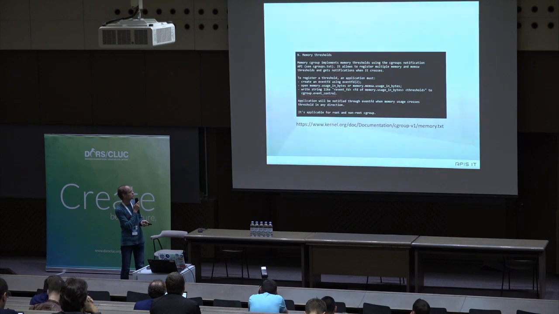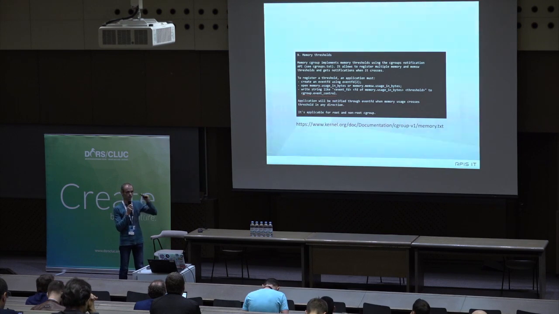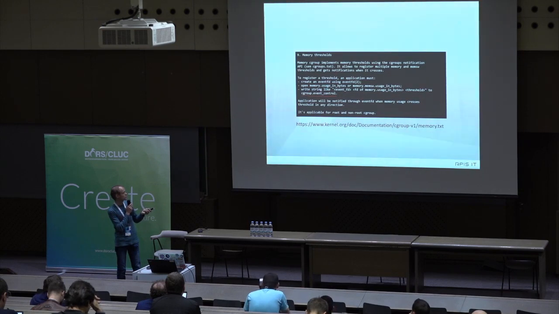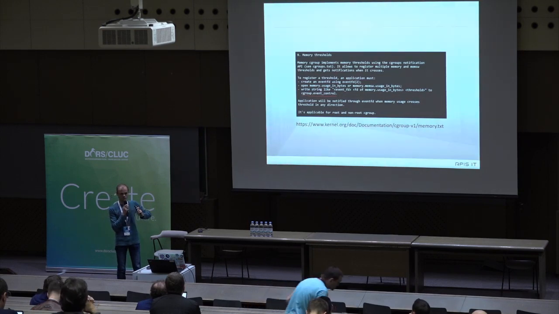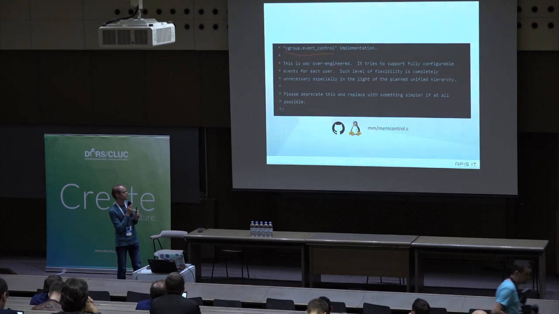But it says that we can create a memory threshold for a specific cgroup, so that we are notified if the amount of used memory passes a certain threshold. And this is done thanks to the eventfd, which we'll look at further.